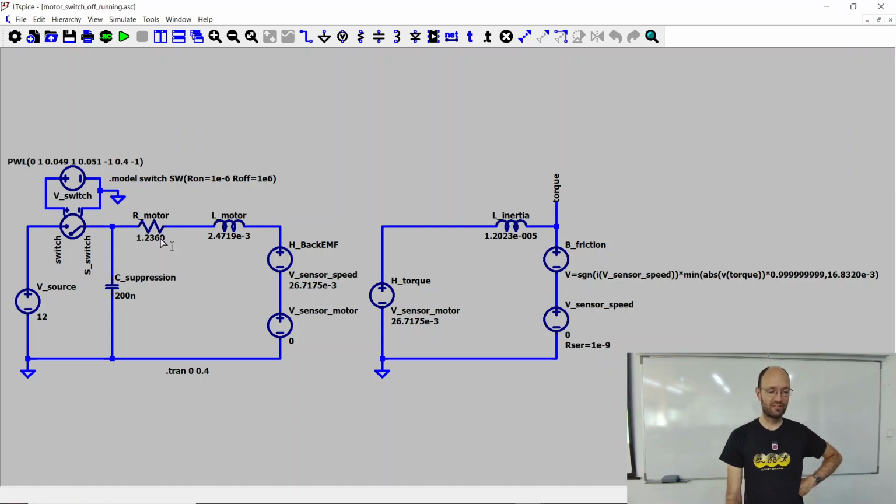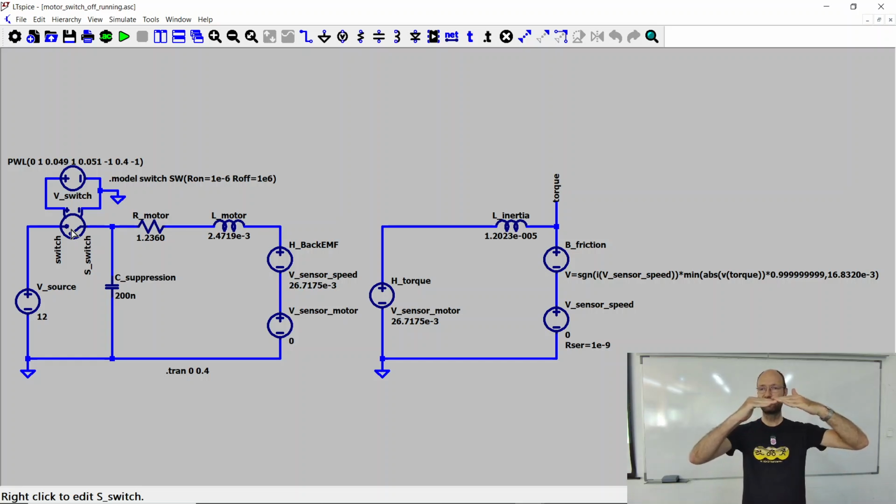So the motor model is the same, but I've really added the switch here. Switches in SPICE and LTspice are also a bit of a challenge, because the switch at the end is just a switched resistance. So when the switch is closed, it means that you have a very small resistance. If you open the switch, it just turns into a very large resistance.